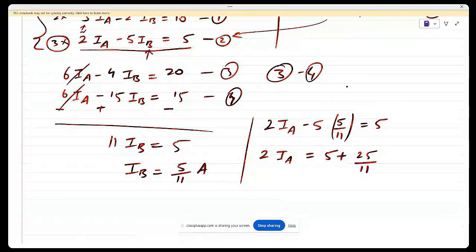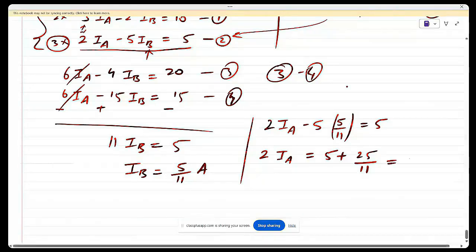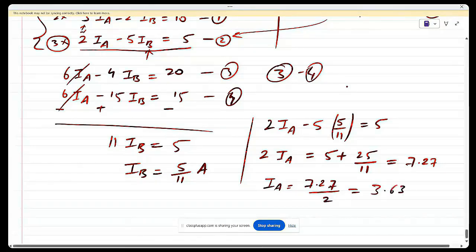Now IA will be 7.27 divided by 2, which is 3.63 ampere.